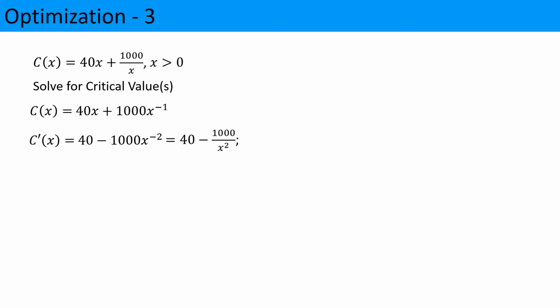Now, even though the derivative is undefined at x equals 0, it is not a critical value because 0 is not in the domain of the function. So, we now solve for the first derivative set equal to 0. We're going to set that first derivative equal to 0, but first we're going to get a common denominator and combine terms.